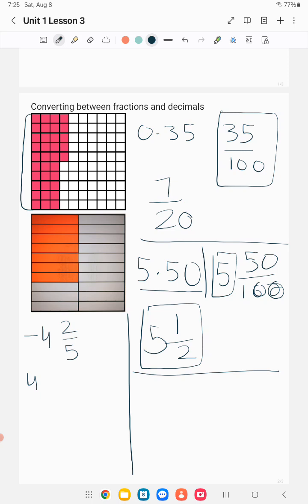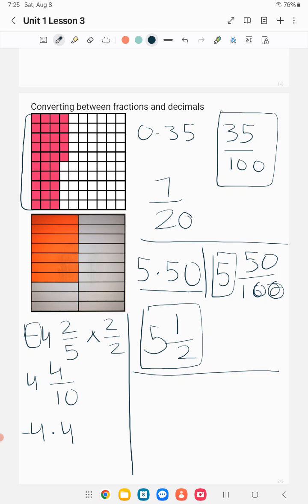So when we multiply both of these times 2, the bottom and the top, we get 4 on the top. 2 times 2 is 4, and 5 times 2 is 10. And 4 over 10 is basically just 0.4. So the answer will be 4.4. But that's not the answer because we do have a negative sign over here. So the answer will be negative 4.4.